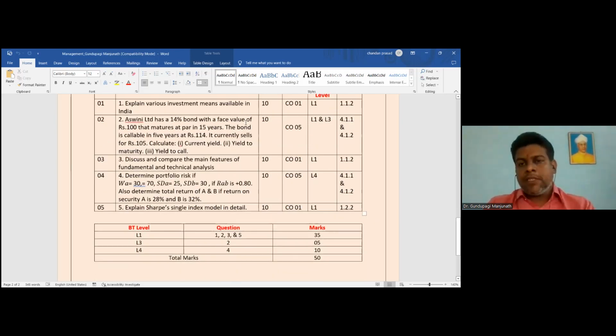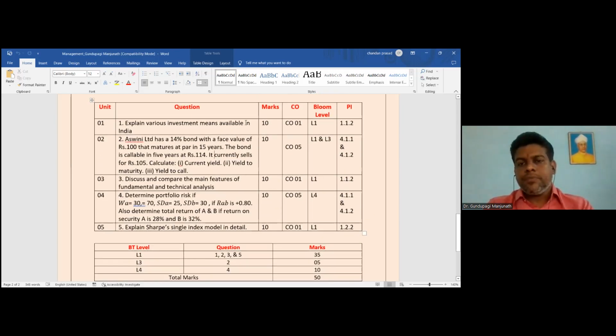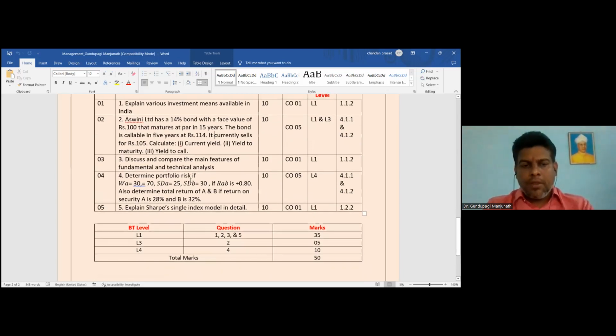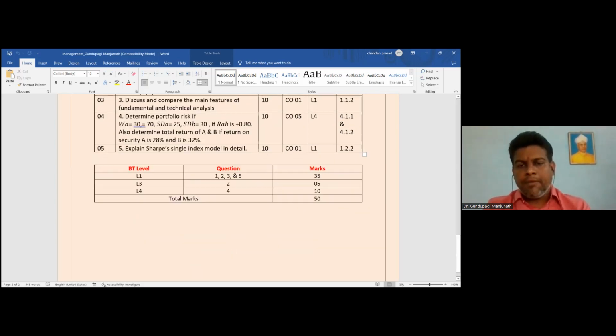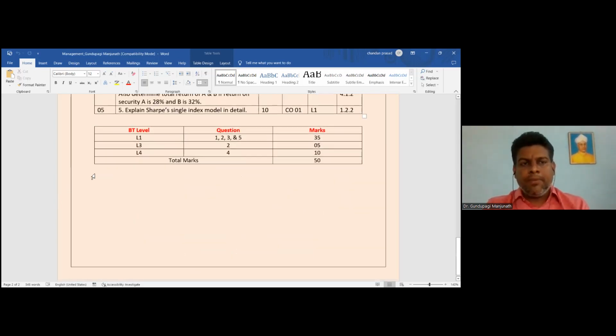Another important aspect when it comes to Bloom level outcomes: the total number of questions and total outcomes, whether you are achieving them or not in your question paper when you are designing it. I can check with the levels also. Level 1 questions, how many are there? Level 3 questions, how many?